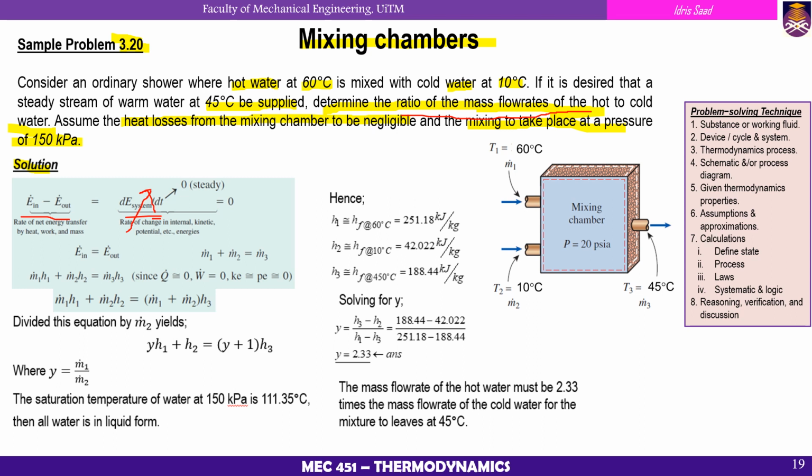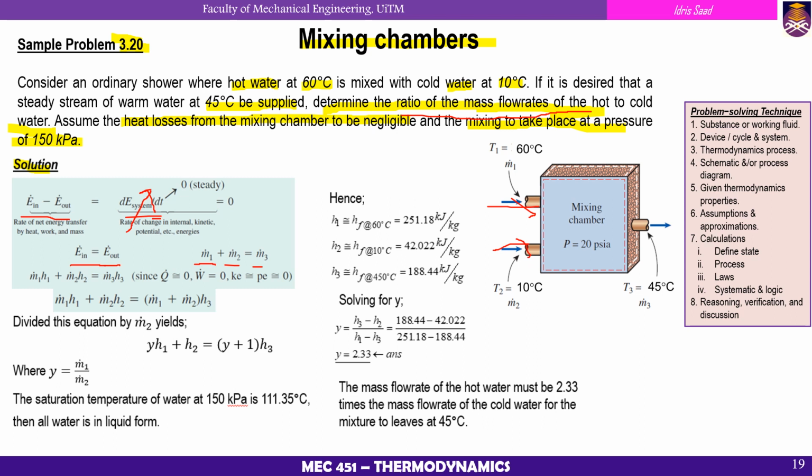So what we have is energy dot in is equal to energy dot out. For the mass balance, we have m dot 1 plus m dot 2 is equal to m dot 3, because we have two inlets. The first inlet is hot water, and the second inlet is cool water.